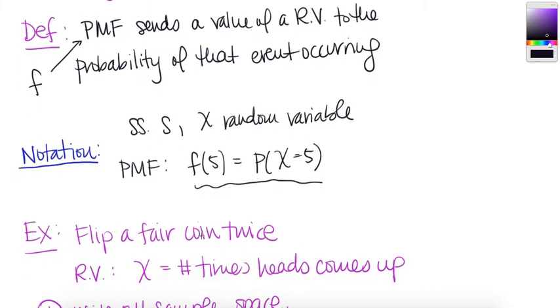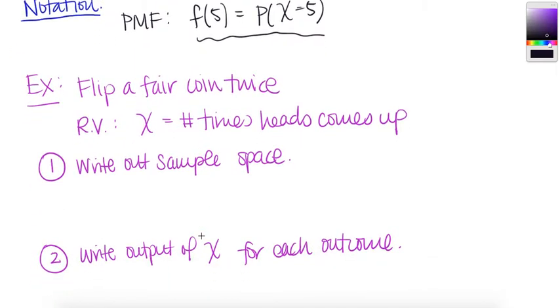All right, let's go to a pretty familiar example, which is flipping a fair coin twice. And what we're going to do here is our random variable X is going to be the number of times that heads comes up. We want to write out the sample space. This is something I would encourage you to pause and write out the sample space. So go ahead and press pause and do this yourself.